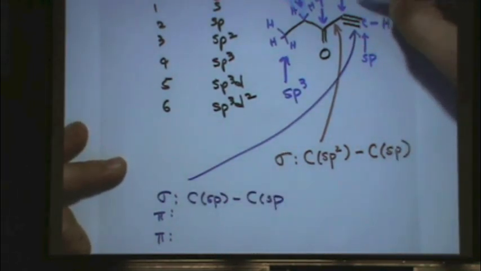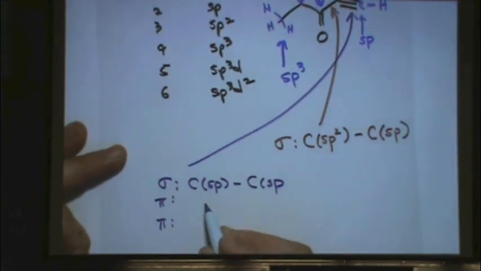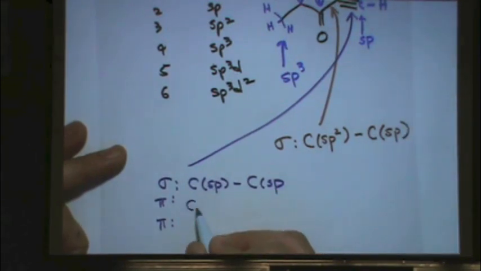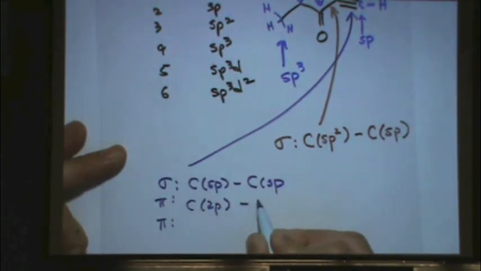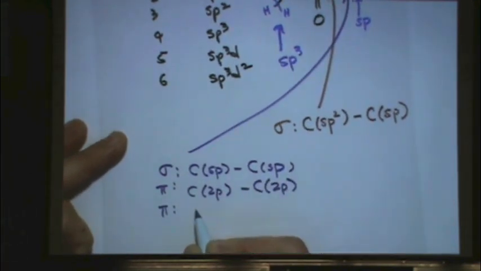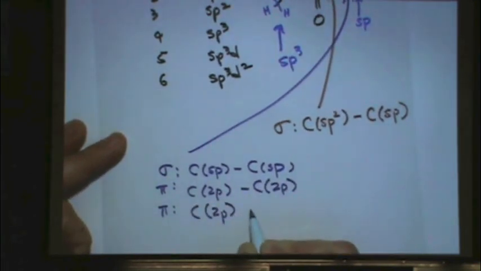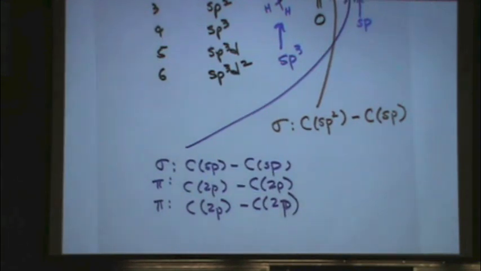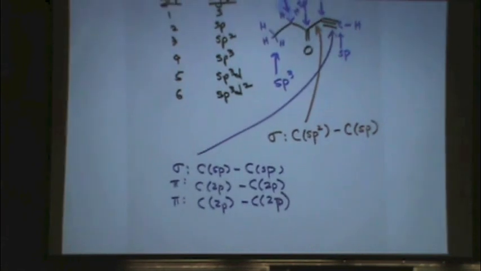Notice they both have sps. The pi bonds, the second and the third bond, are always from unhybridized 2p orbitals, as far as our class is concerned. All right, I need to move on from there because we have no time. MO diagrams are next.